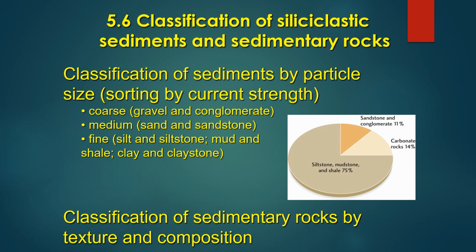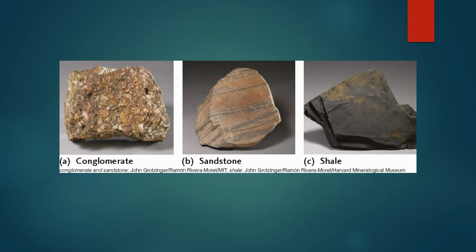Therefore, that's how siliciclastic sedimentary rocks are formed. The chemical sedimentary rocks and the biological sedimentary rocks are formed in different ways, but all at the Earth's surface, like siliciclastic sedimentary rocks. Let's talk about the classification of siliciclastic sedimentary rocks first.